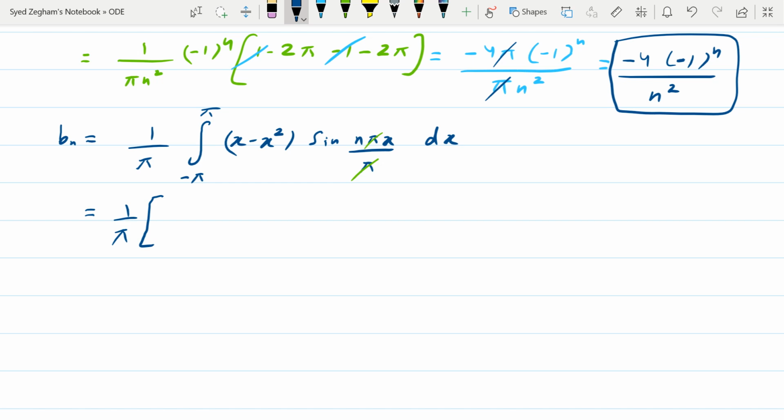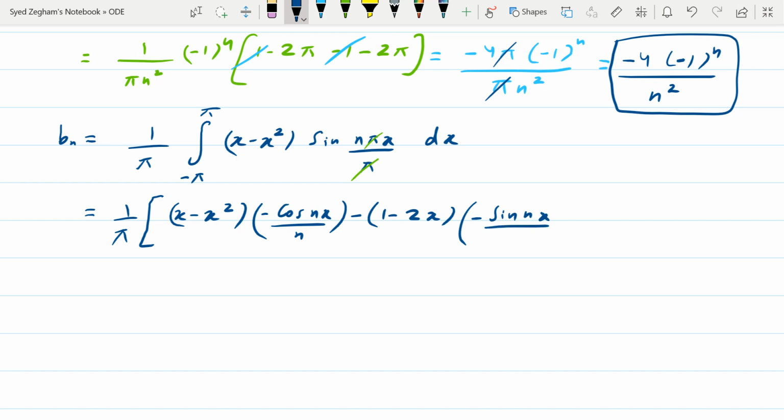So this will give us x minus x square times minus cosine nx divided by n, minus 1 minus 2x times minus sine nx divided by n square, and the third term will become minus 2 times cosine nx divided by n power 3 over the limits minus pi to plus pi.